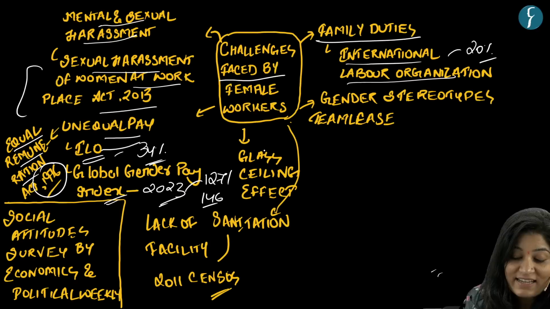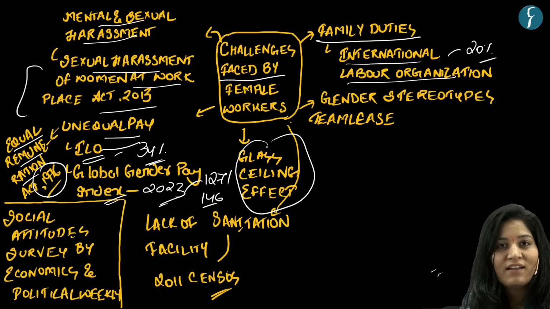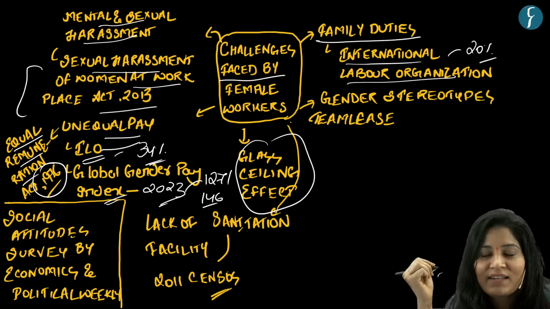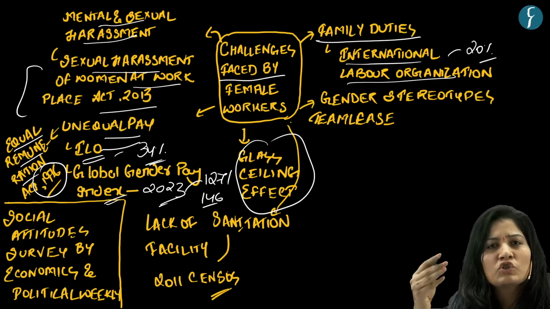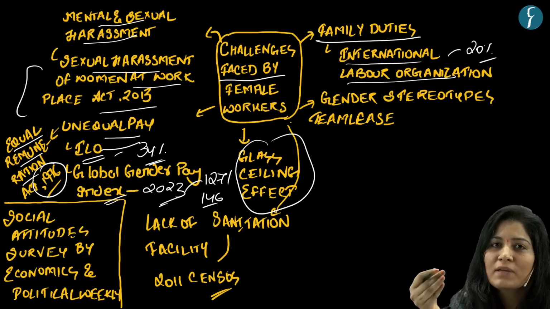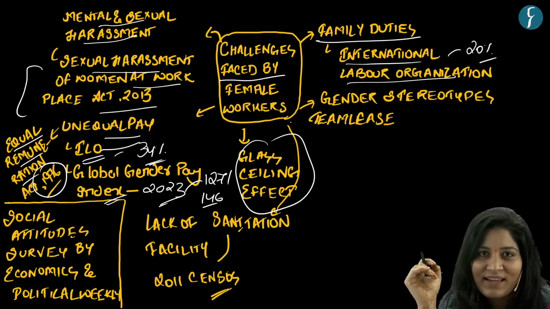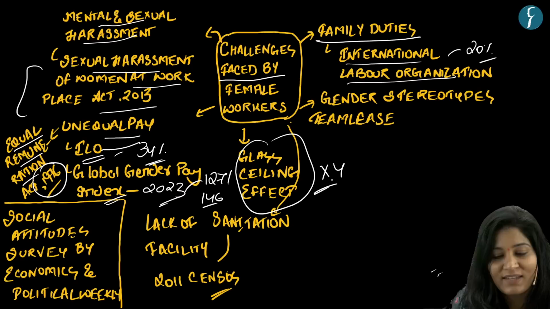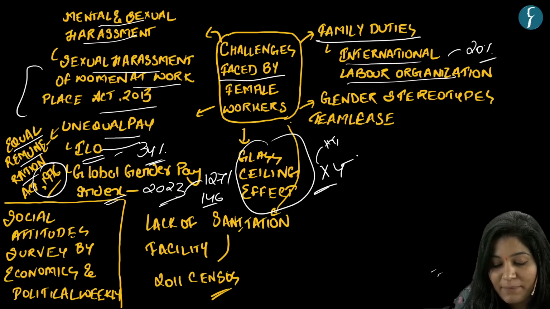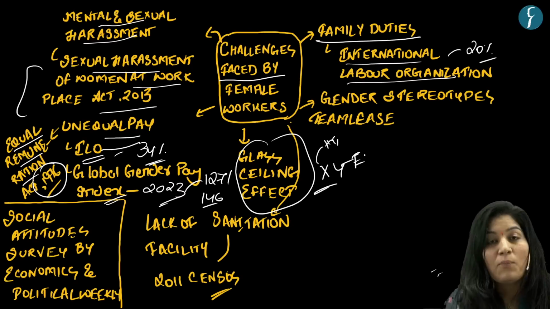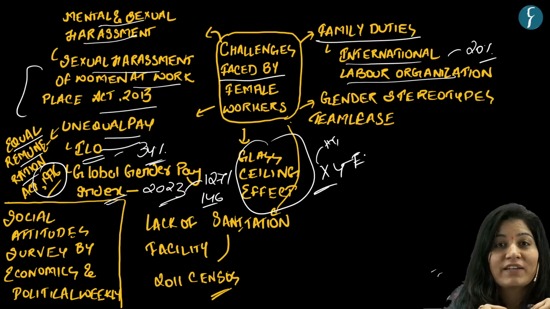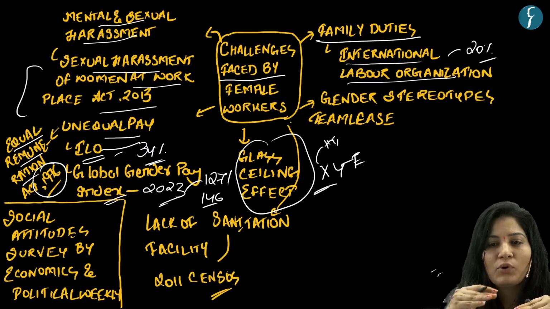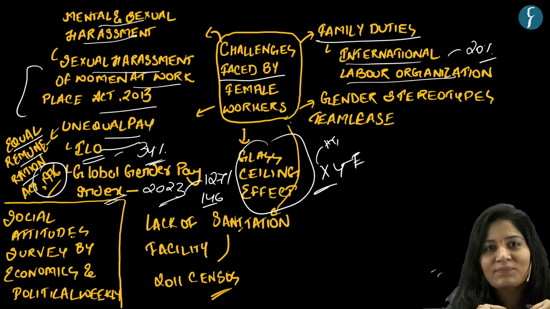The next is the glass ceiling effect. Now, what is the glass ceiling effect? Glass ceiling is a social barrier which restricts females from getting top positions. Take the example of candidates X and Y. X is male and Y is female. Both have the same educational qualification and the same working experience.